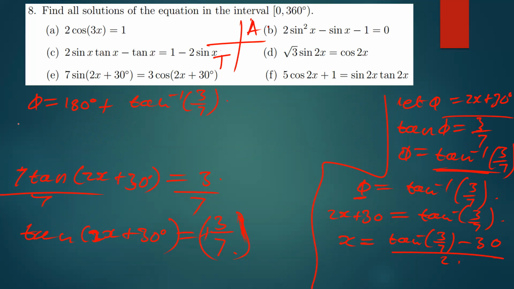So 2x plus 30 is equal to 180 degrees plus tan inverse of 3 over 7. When you make x the subject of the formula, you get the simplified solution x equal to 150 degrees plus tan inverse of 3 over 7, everything divided by 2. These are the two solutions that you are required to find.